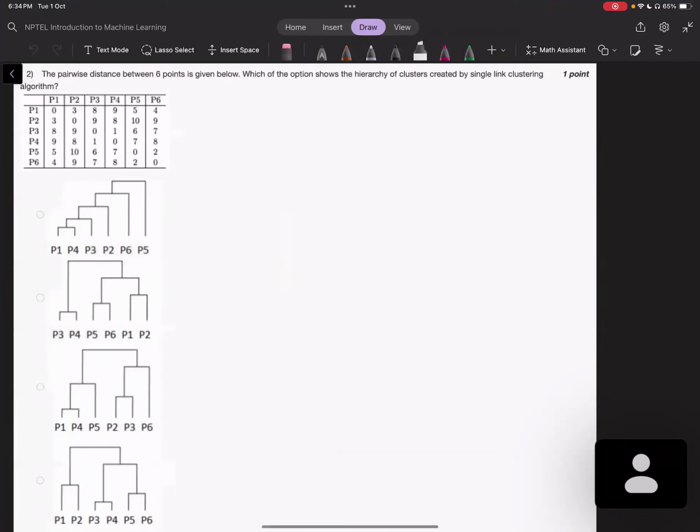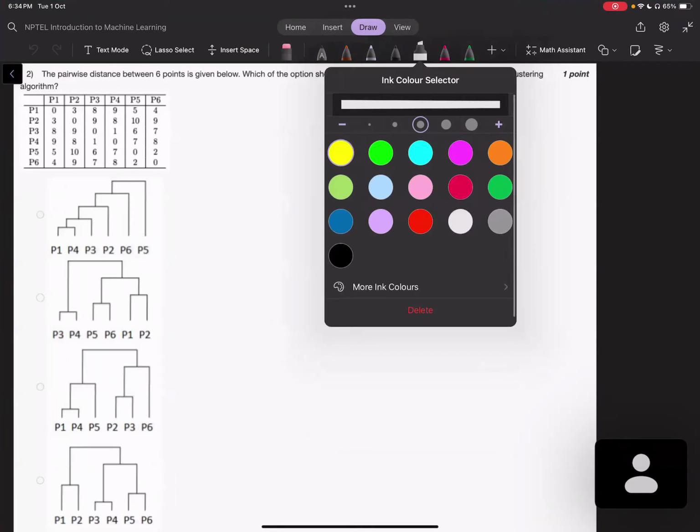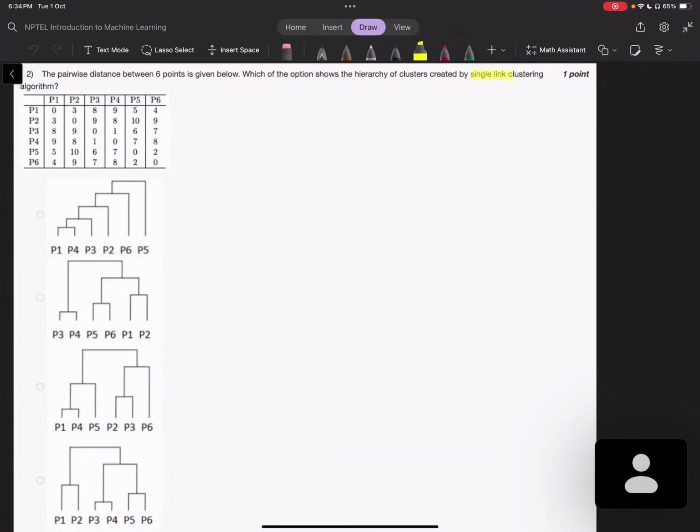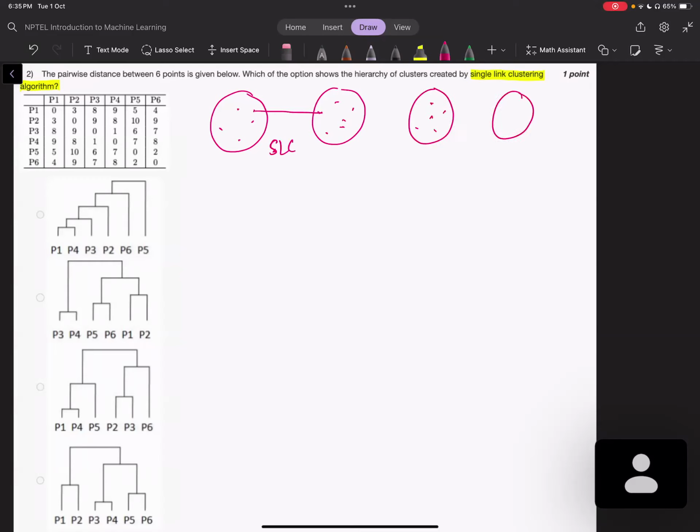So note this: single-link clustering algorithm. If two clusters are there, you take the closest two points. That is the single-link clustering algorithm. If you take the farthest two points, then it is the complete-link clustering algorithm.